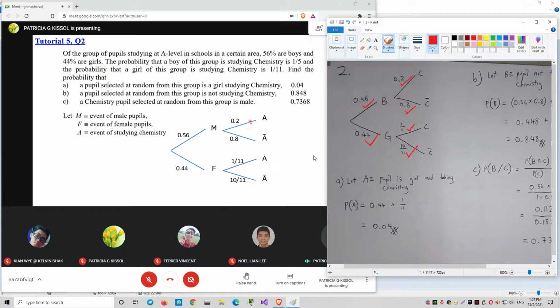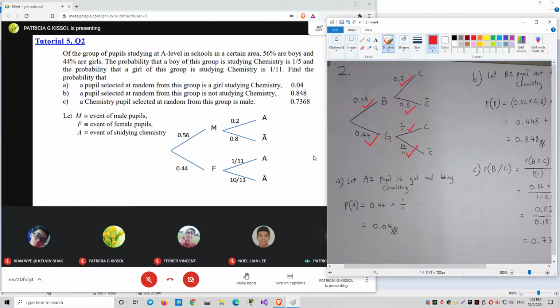Always remember that the branches from one node must total 1. Same thing for girls: chemistry is 1/11, and those who do not study chemistry are 10/11. So this is the probability tree. I hope all of you also attempted this question using the probability tree, but if you used a different method, it's still okay.